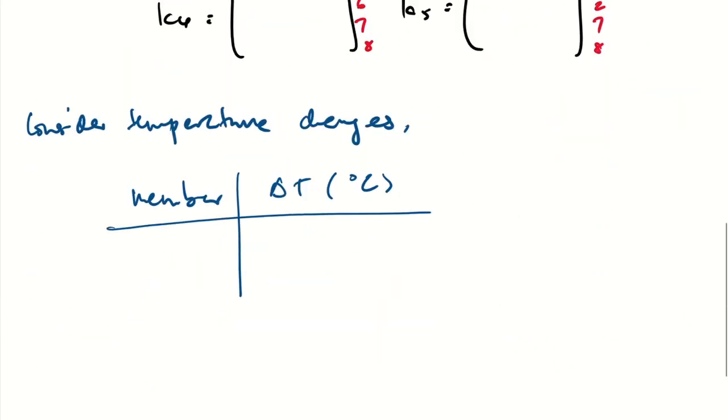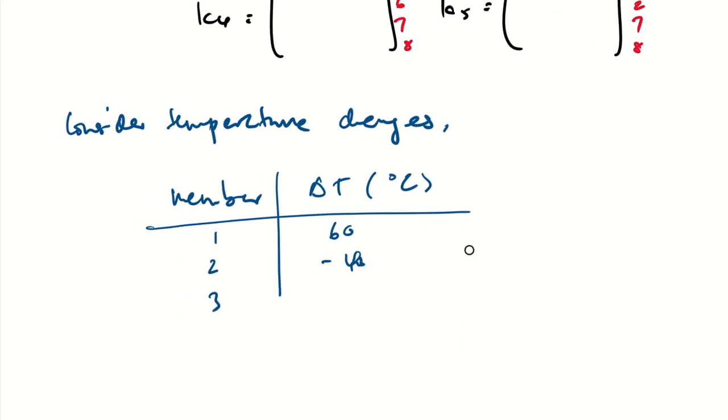Member 1, 60. Member 2, negative 40. And member 3, positive 50.